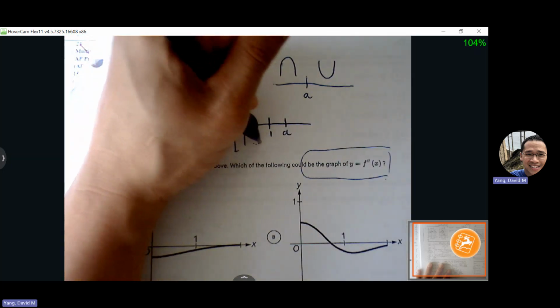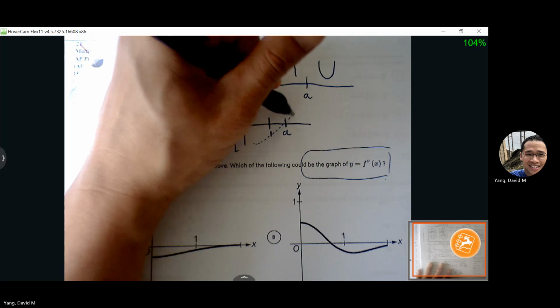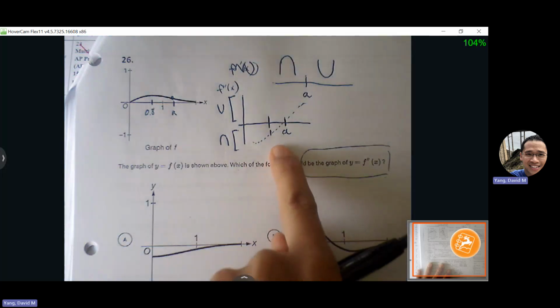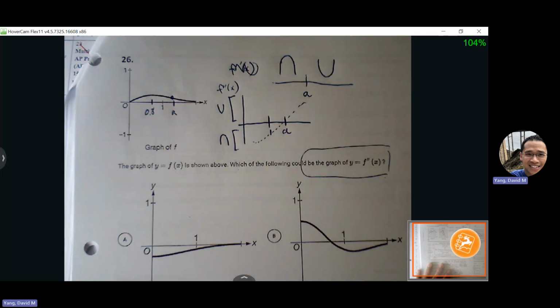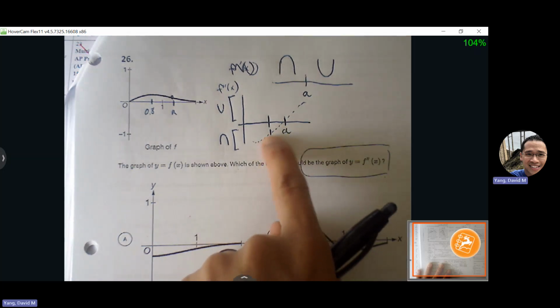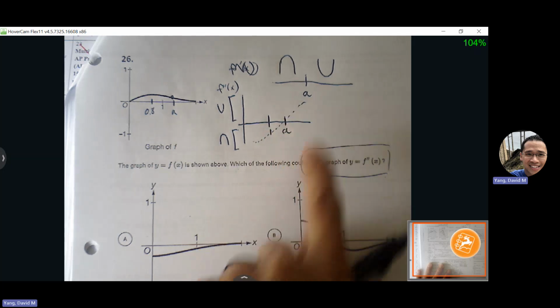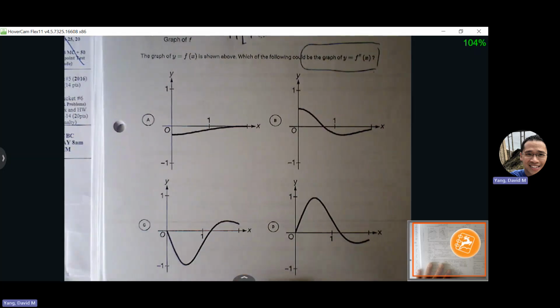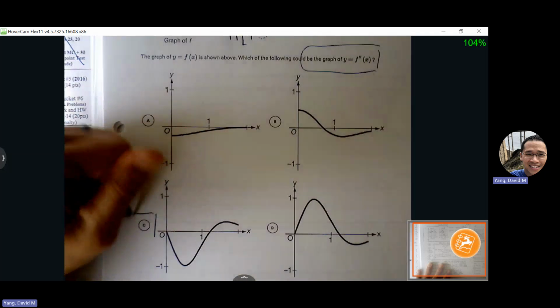It's got to live below the x-axis, and then switch over to above the x-axis. I don't know exactly what the curvature could look like, but I know I'm going to start below and end up above. The only graph that fits that scenario is answer choice C.